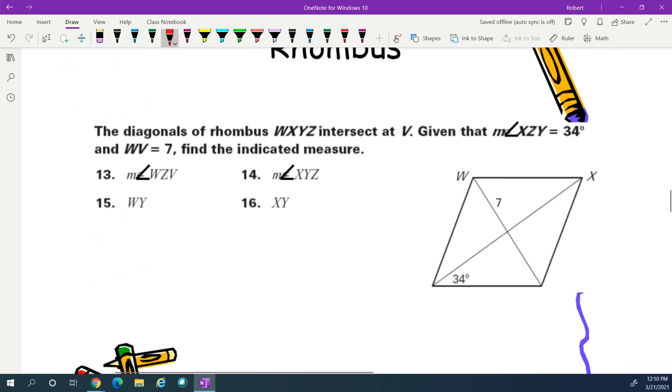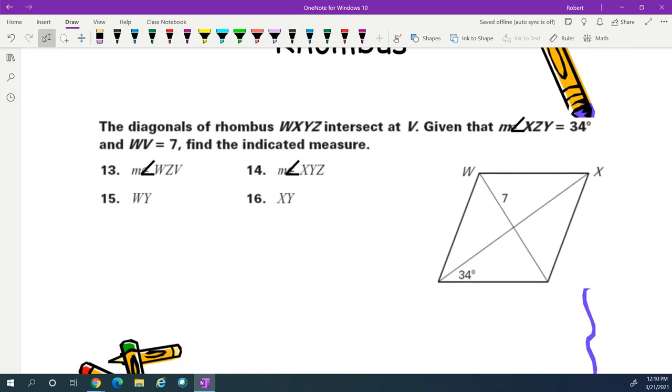All right. So let's look at a rhombus example. Here we have a rhombus WXYZ where the diagonals intersect at V. So we should probably add point V into the picture. We are given angle XZY is 34. Now, we notice that those letters are missing, so we have to fill some things in here.